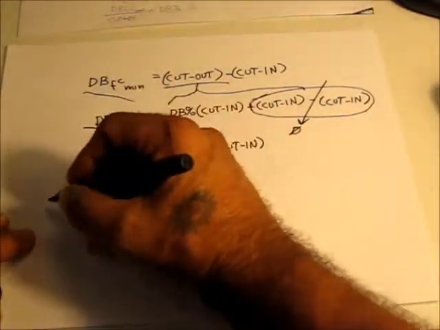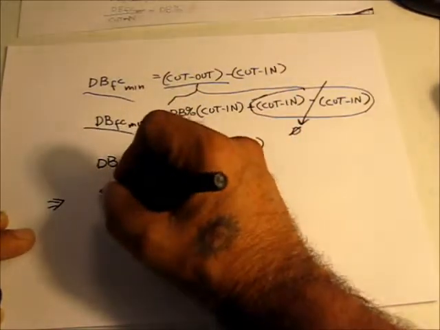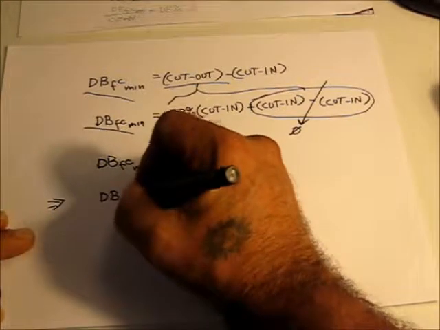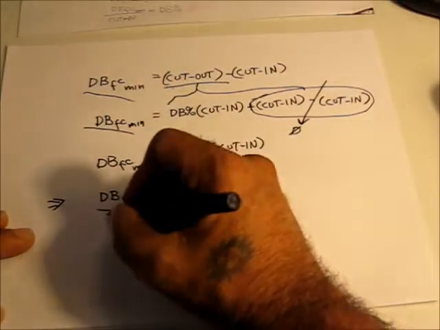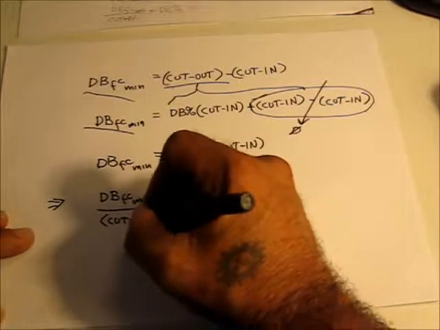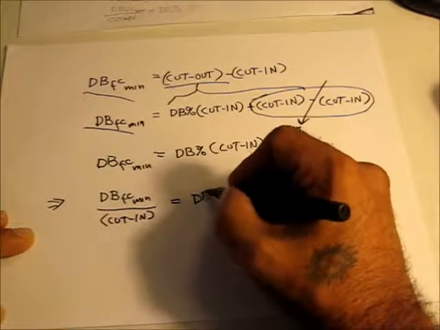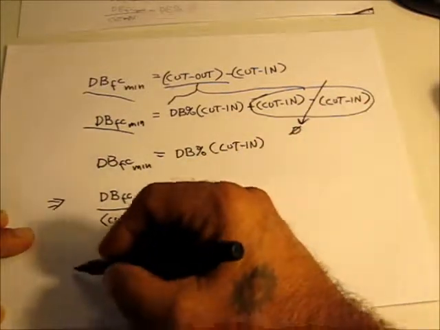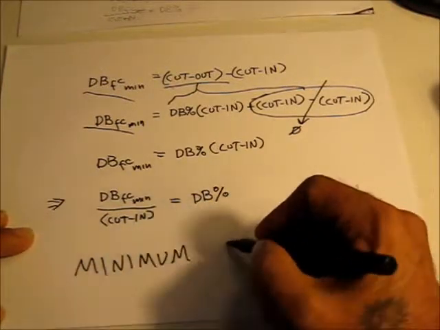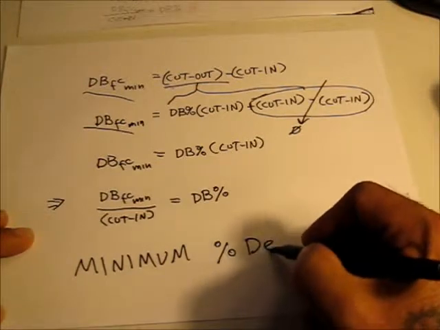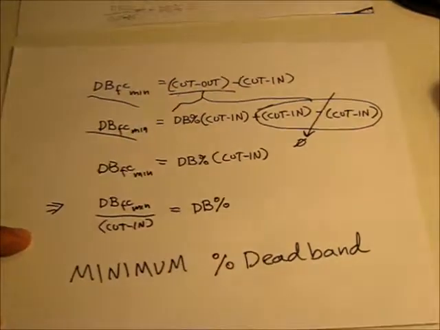So this implies, by dividing both sides by the cut-in, that the deadband foot candles minimum divided by cut-in equals the deadband percentage, and this is minimum percent deadband. And this is exactly what we did when we were just noodling it out in the last module of this course.